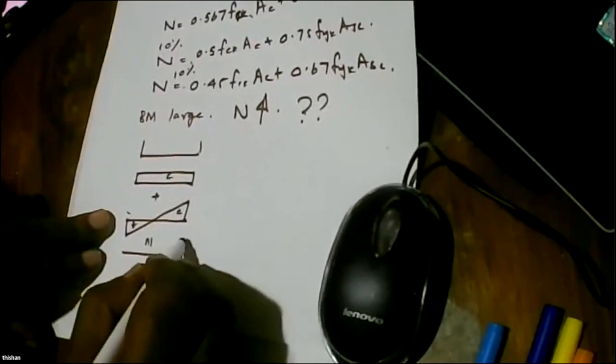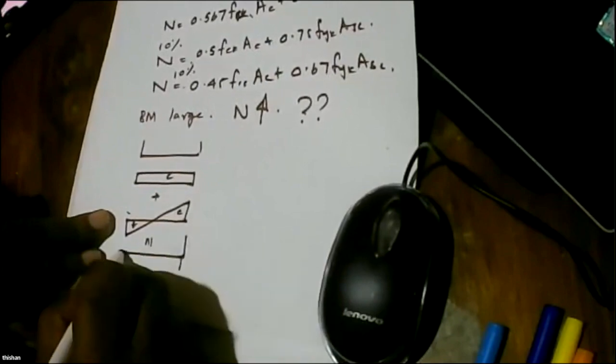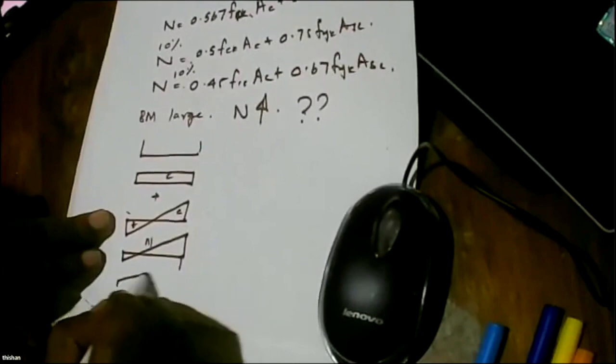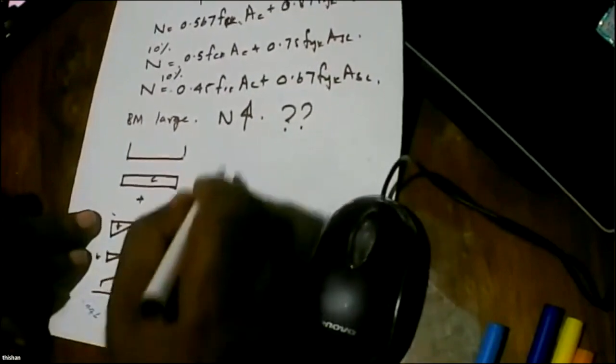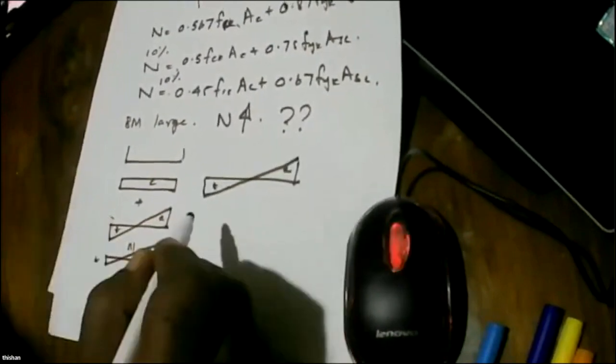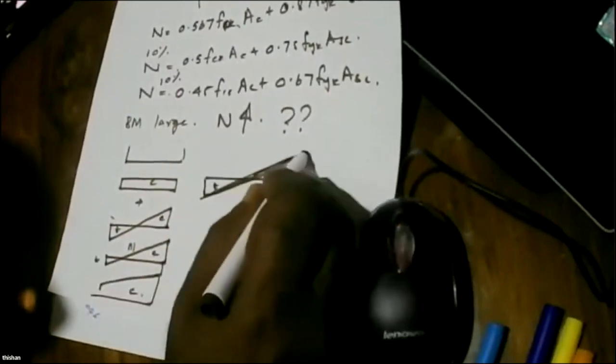So a lot of compression and a little bit of tension, or it could be the whole thing in compression, or it can be a significant level of tension as well. That is also a possibility. So only a little axial load.